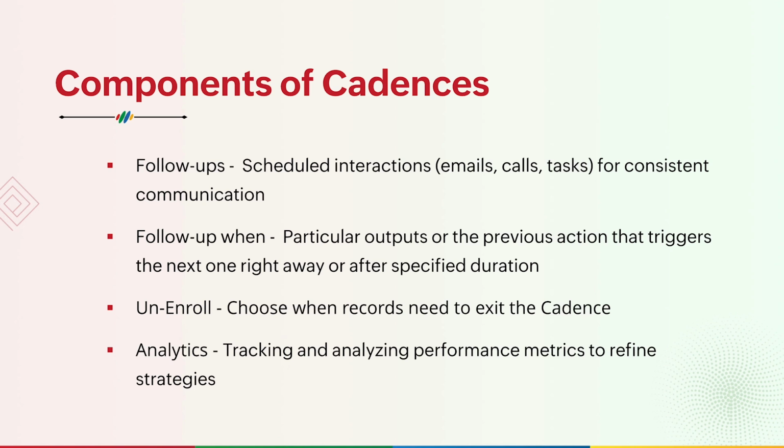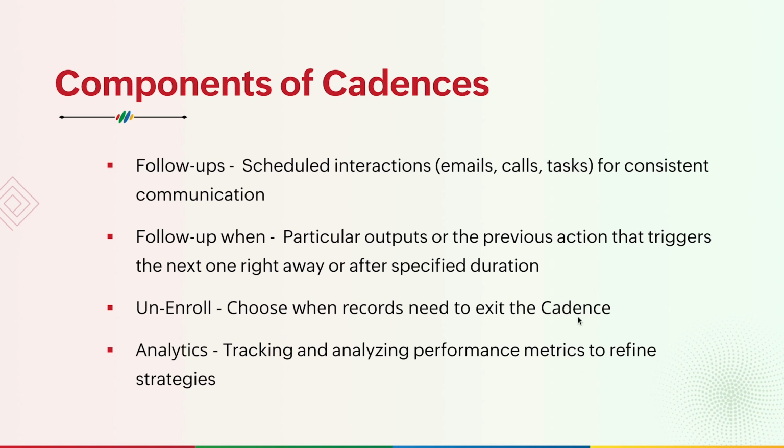For example, if a lead opens an email, a trigger moves them to the next step in the cadence, such as having a call scheduled to talk to them the next day. Whether it's anomalies in the process or the end of their follow-up process, Cadence allows a certain level of flexibility to configure that records exit the sequence when relevant.